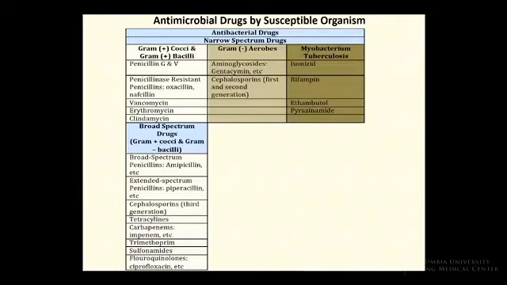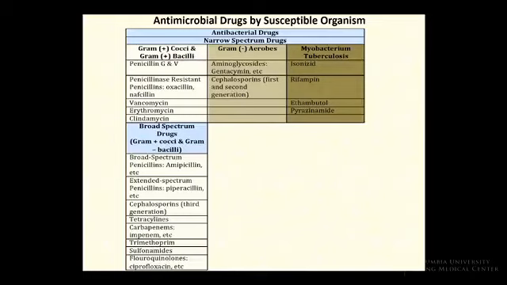And then we have further categories based on shape of the bacteria and whether it's gram-positive or gram-negative. So if you notice, the penicillins are listed under gram-positive cocci, gram-positive bacilli. Okay? There's many penicillins under the broad spectrum category of gram-positive cocci, and even some gram-negative bacilli.